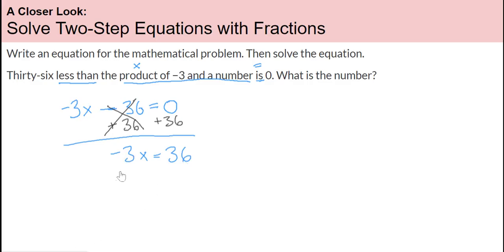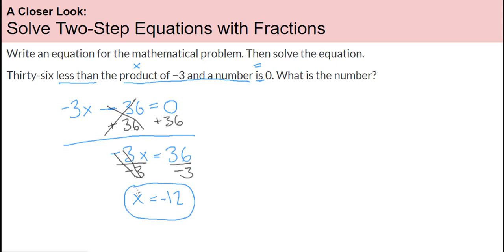Well, we've got to get rid of this negative 3. We're going to divide by negative 3, not positive 3, negative 3, because we want to get rid of that negative sign as well, since we just want x. So x equals 36 divided by 3, which is 12. Remember, this is a negative 3, so it's going to be negative 12.